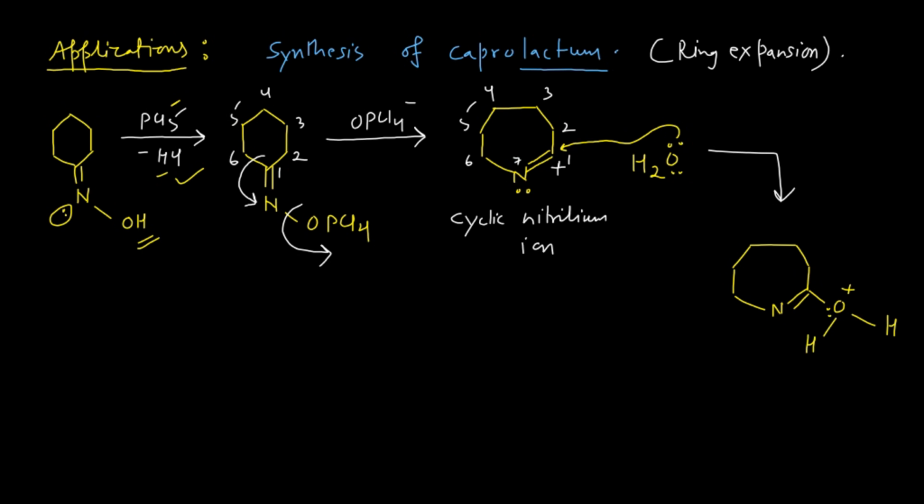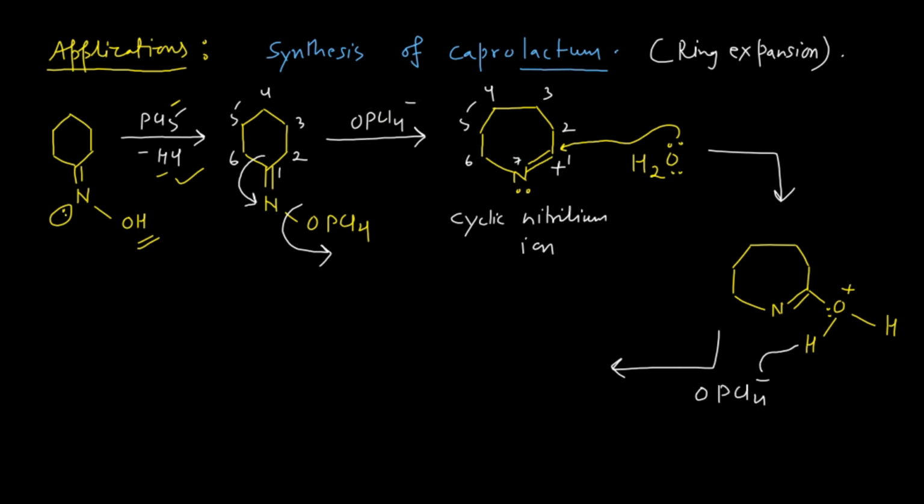Okay, and now, since it is tetravalent, it is unstable, so this positive charge will shift from this carbon to this oxygen. I hope this is quite clear. Now in the last step, you will have this species which you have removed from here, OPCl4 negative.